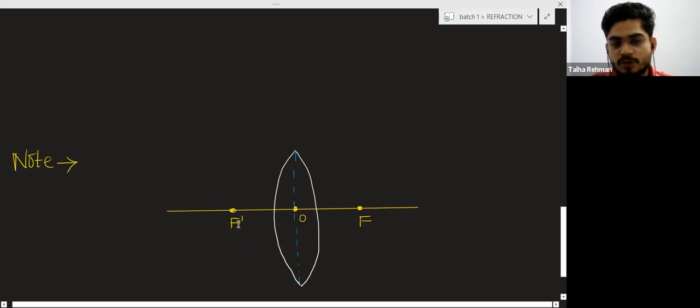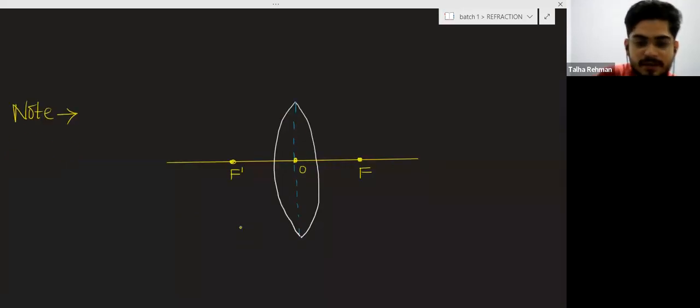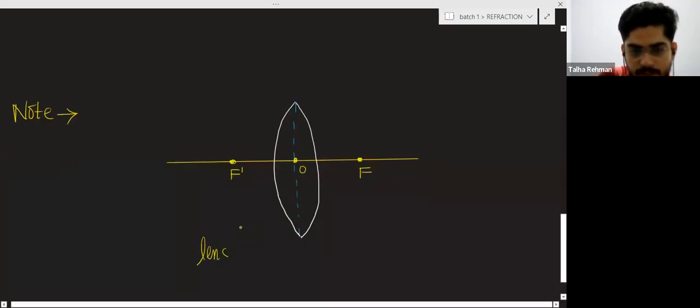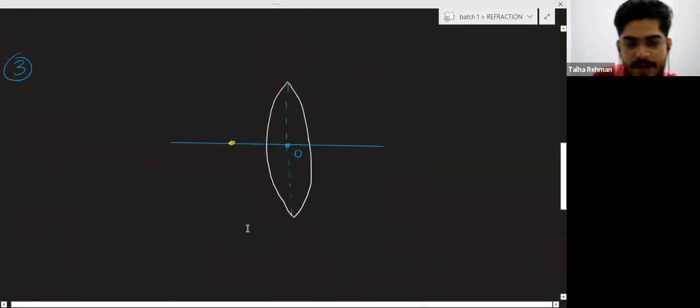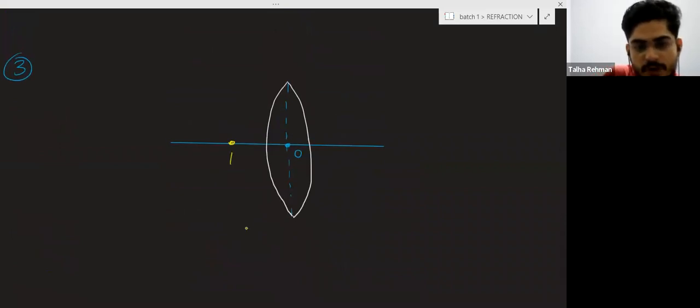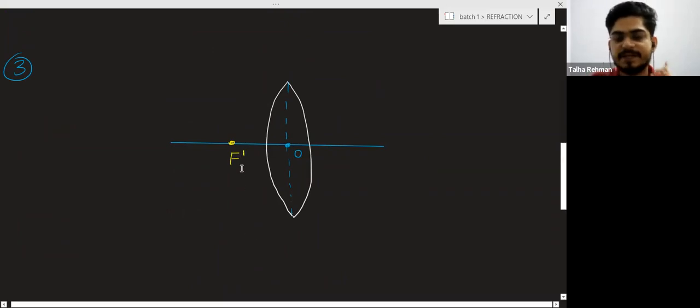So the lens has two foci. Foci means the plural of focus. So here is the one focus, that is f dash.